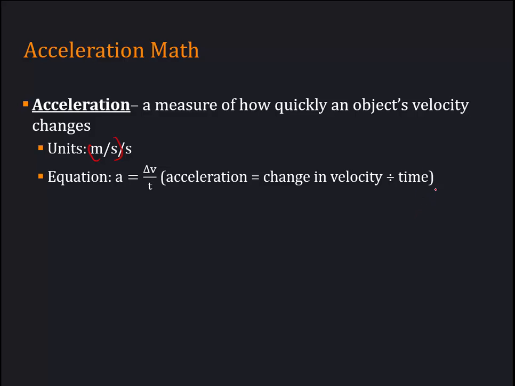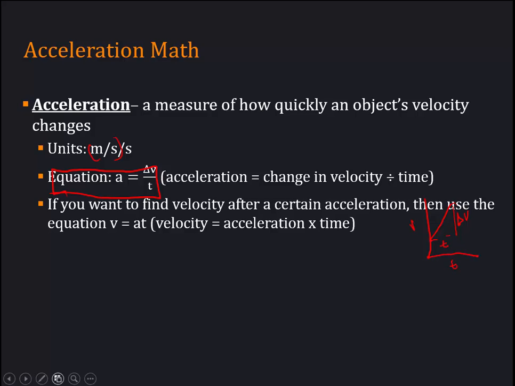Remember, on a velocity time graph, we have velocity on the side, we have time across the bottom, and if this line looks like this, then slope is rise over run. Well, that rise is the change in velocity, the run is the time, so acceleration is change in velocity divided by time. So we can use this equation to calculate acceleration.